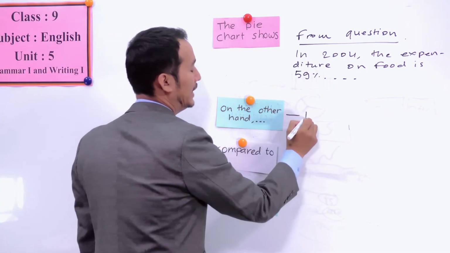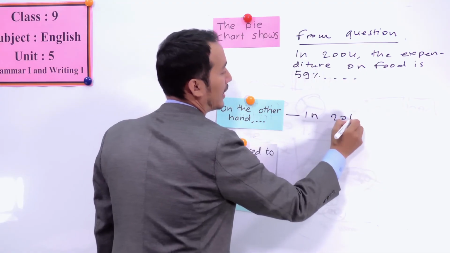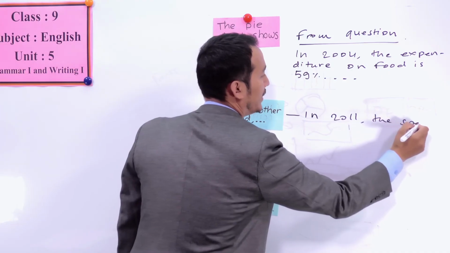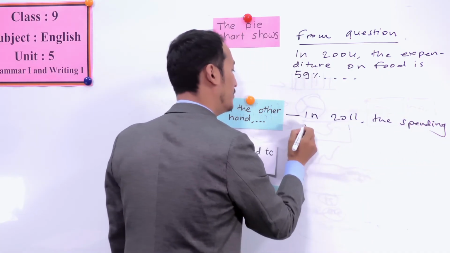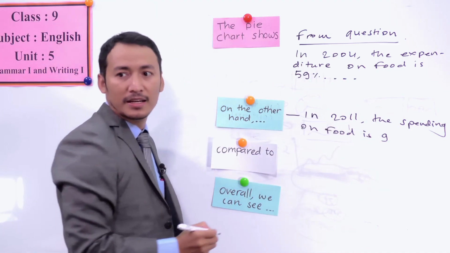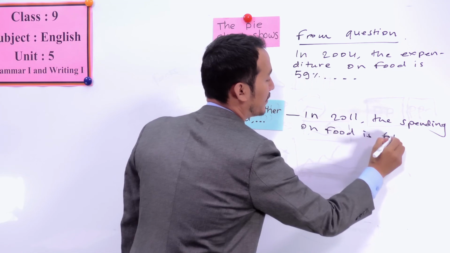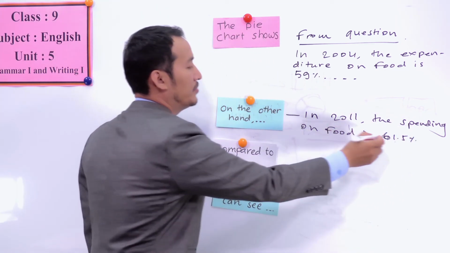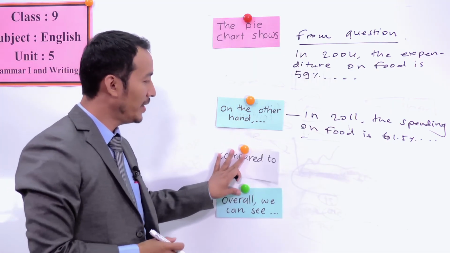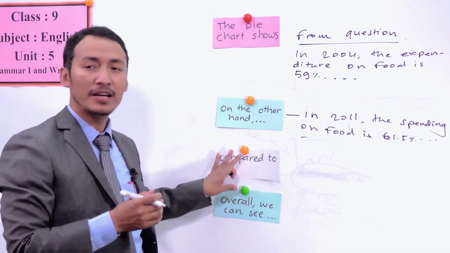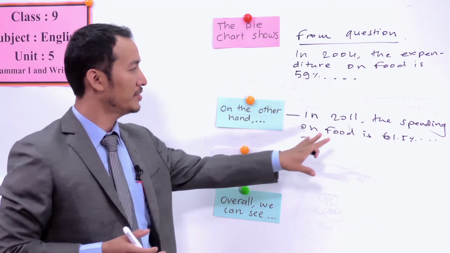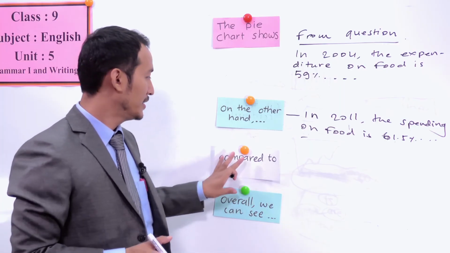On the other hand, in 2011, the spending on food is 61.5%, and you go on describing the other data, and you can compare the two in comparison to 2004 and 2011 data.